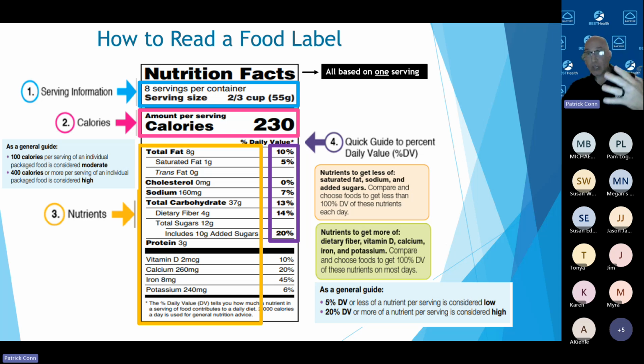So again, when you're grocery shopping like Ted did, you grab that packaged food, whoop, you turn it around, look at that food label, look at the serving information, look at the calories per serving, look at those nutrients, just quickly look at that 5%, 20%, or look at the percent daily value side and use that 5 to 20% rule to help you compare and choose the foods that are best for you, making sure you're limiting the nutrients of the saturated fats, sodium, added sugars, cholesterol, trying to get more dietary fiber and vitamins and minerals.